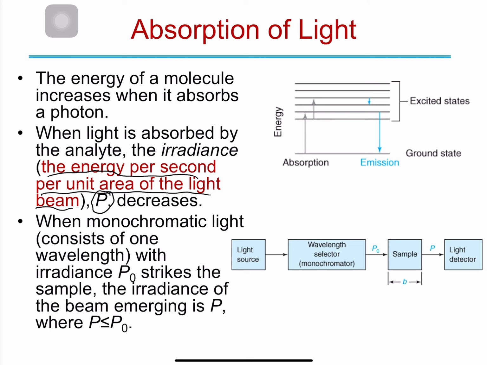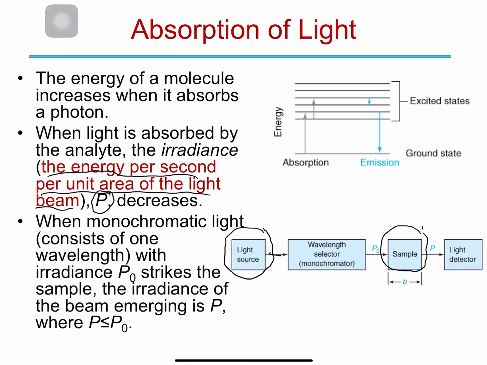That means when you have your sample, and we put the sample in the cuvette as we did in the spectrophotometer, usually we have a light source. This light source is a polychromatic source. It has all the light beams from the ultraviolet and the visible region, and this light goes through a wavelength selector, or what we call a monochromator, because as you know, when you use the spectrophotometer, you measure the absorbance at a certain wavelength.